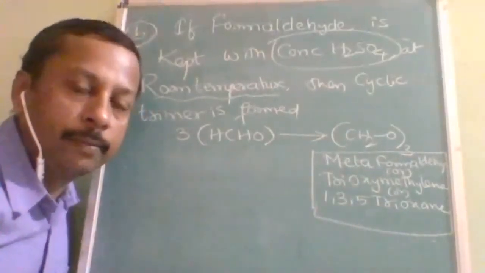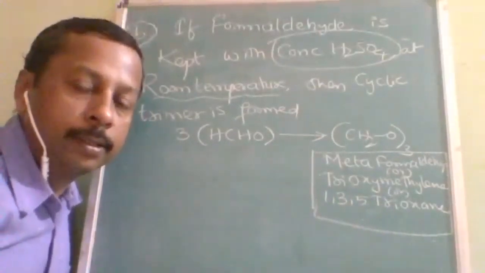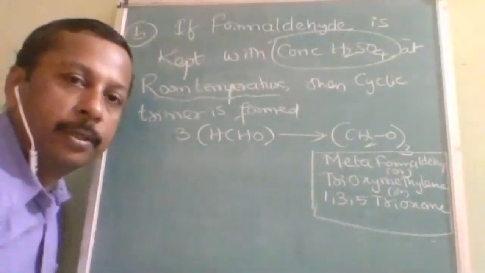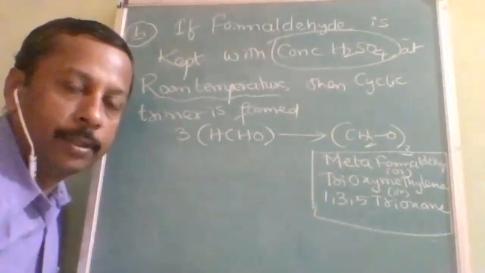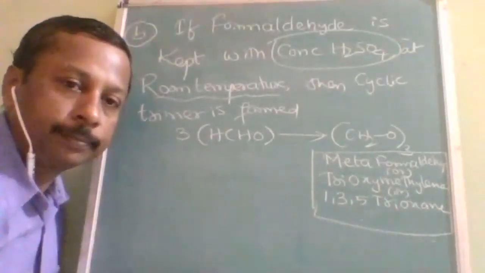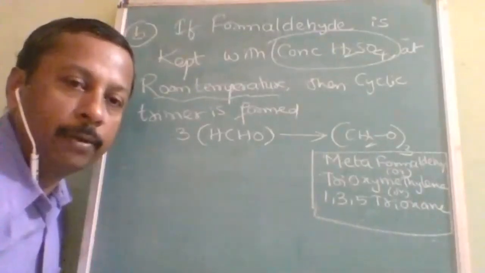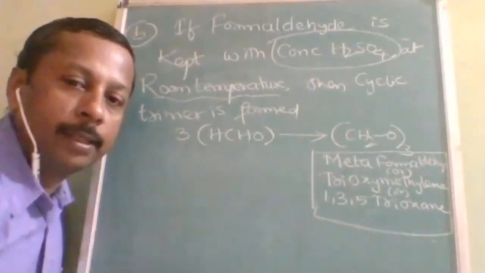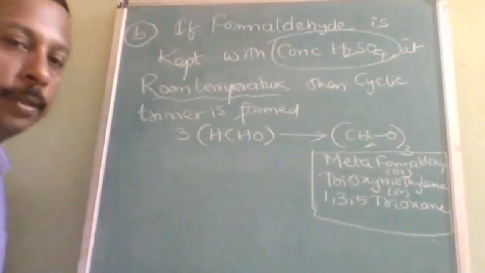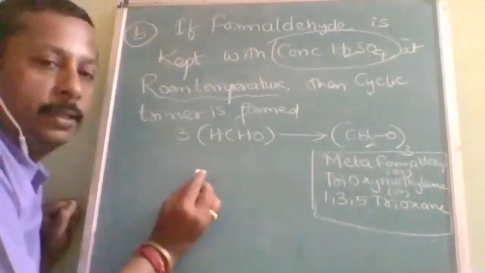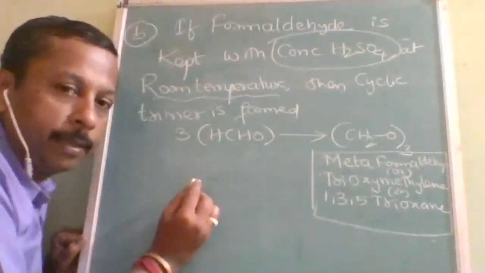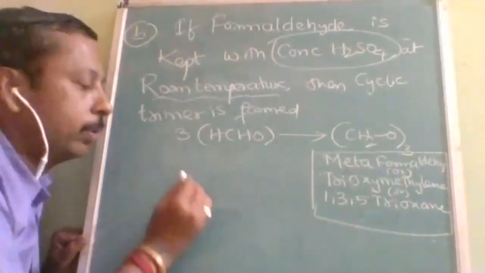In our lecture on cyclic ethers, we have done cyclic oxane. Okay, 1,3,5 represents what? The positions of oxygen. The first, third, and fifth positions of cyclohexane are occupied by oxygen. That's why it is called trioxane. Okay, so for easy mechanism, easy understanding, easy remembering, try to write HCHO like this.